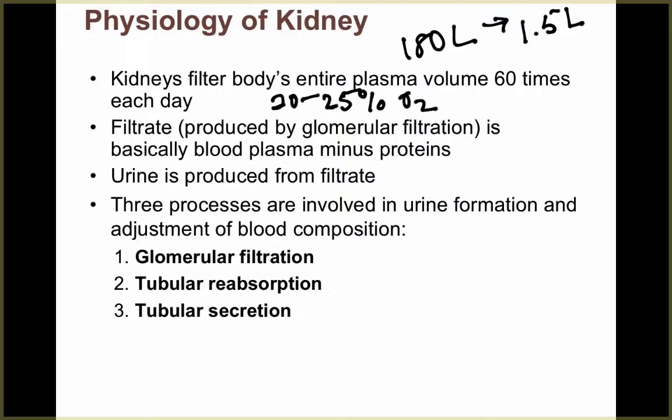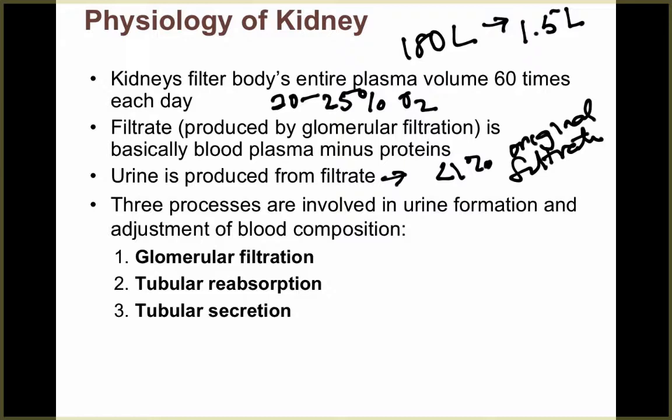Urine is produced from the filtrate, and urine ends up being less than 1% of the original filtrate. So not a whole lot of it ends up becoming urine. And in that urine, it contains things like metabolic waste and unneeded substances, which is why we get rid of some of it.